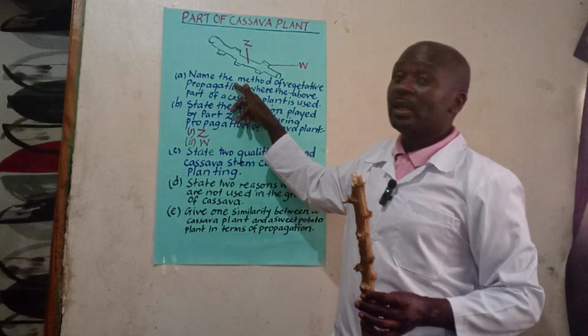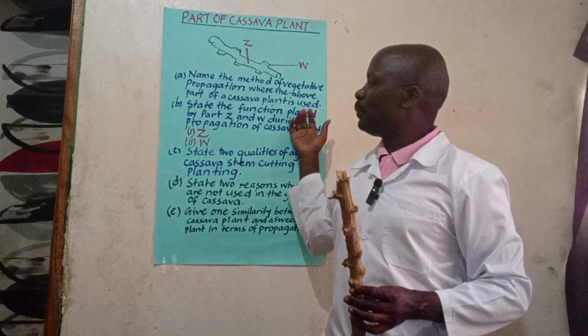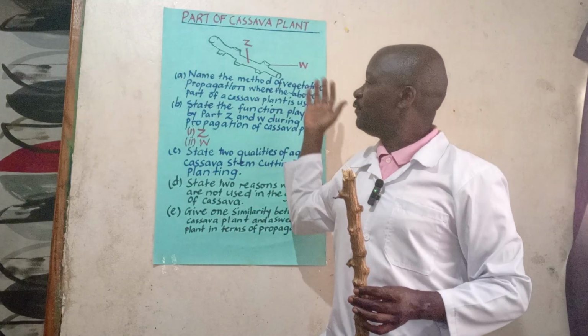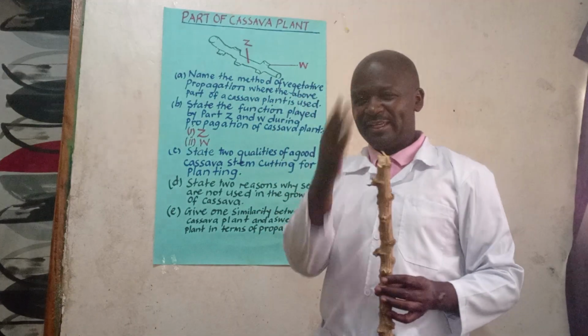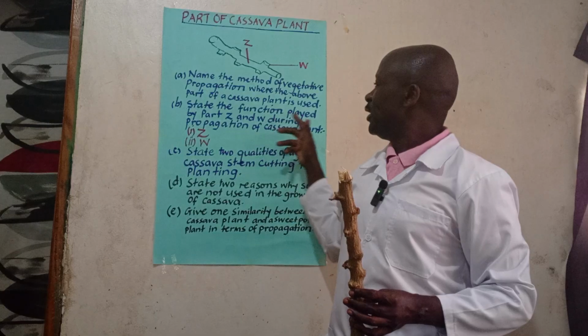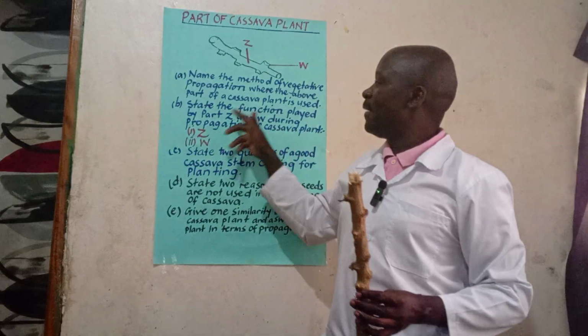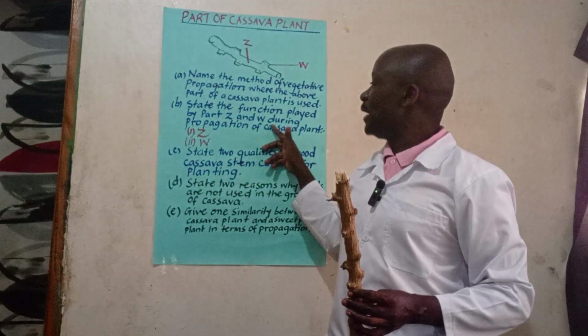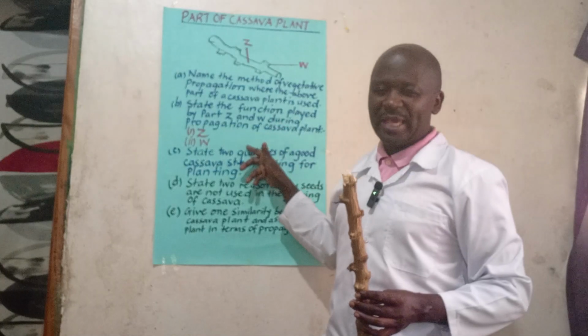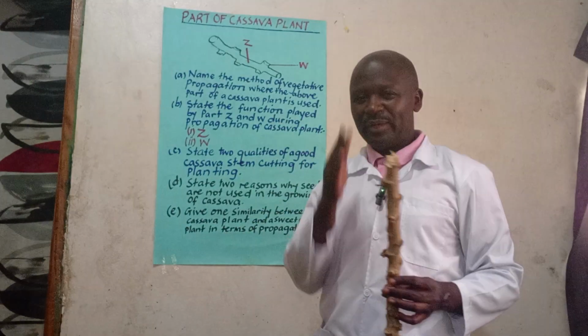The first question: name the method of vegetative propagation where the above part of a cassava plant is used. Question 2: state the function played by part Z and part W during the propagation of a cassava plant.